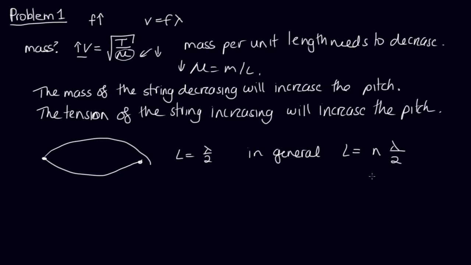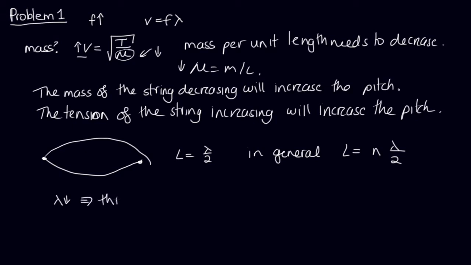Okay, so if we want the frequency to increase, then we've said that if the velocity remains constant, because it's the same string with the same tension and mass per unit length, then we need our wavelength to decrease. And if we want our wavelength to decrease, then we also need this length of the string to decrease.